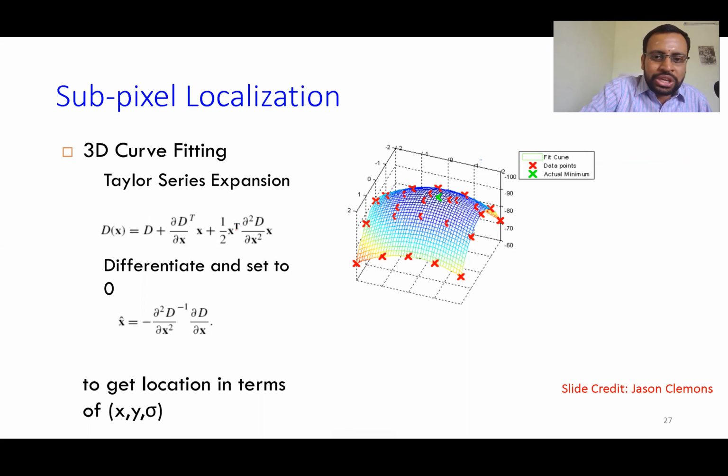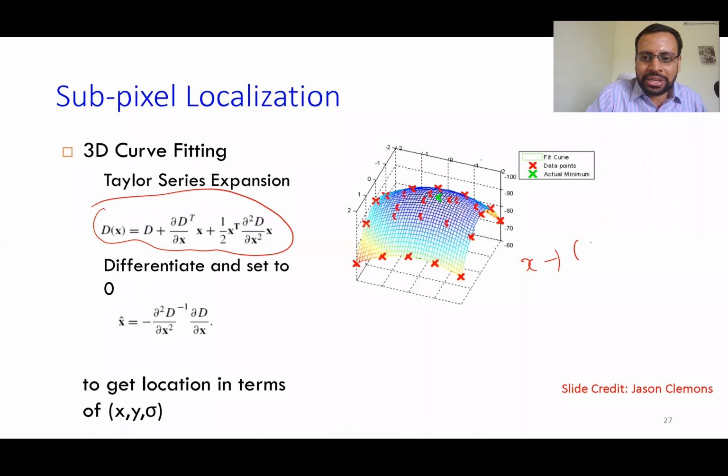So given a point, its value at the vector x, pay attention here, this vector x has spatial locations x, y, and sigma. So you write a 3D Taylor series expansion, and you know its value at the sample point x for sure.